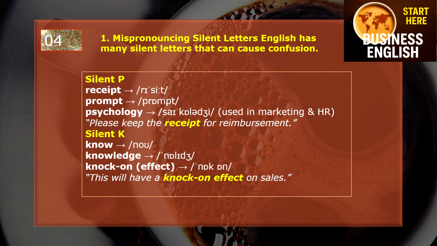Psychology, used in marketing and HR, this word can be. Please keep the receipt for reimbursement. Silent K, no, knowledge, knock-on effect. This will have a knock-on effect on sales.